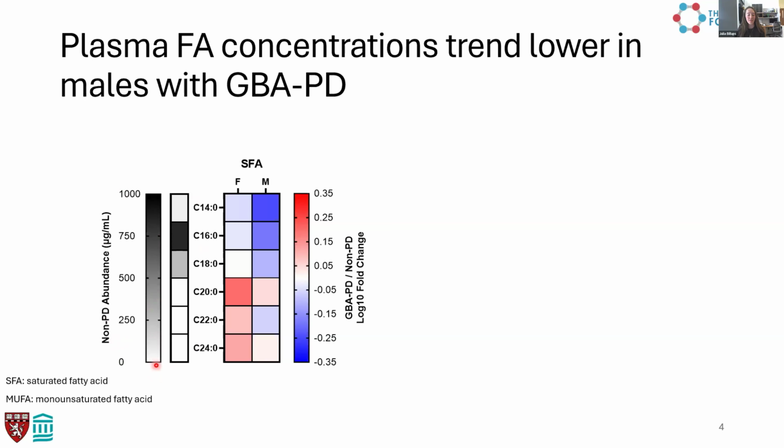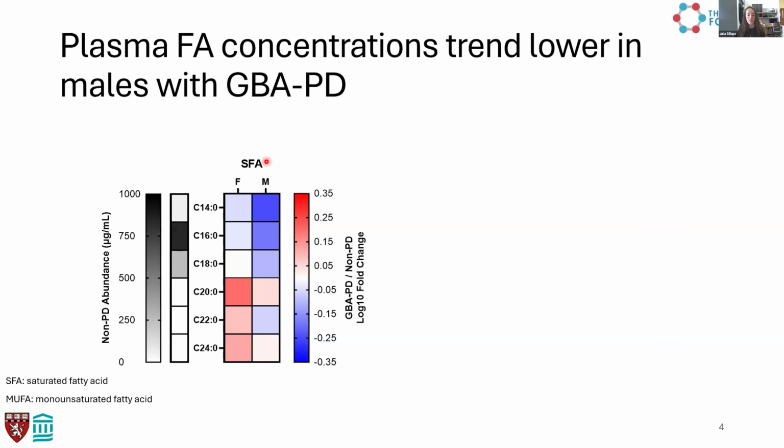The lighter color represents lower abundance and the darker color represents higher abundance of that fatty acid, which is listed here. And on the right side, you see the log fold change of the concentration of each fatty acid in the GBA-PD plasma compared to the non-PD plasma.